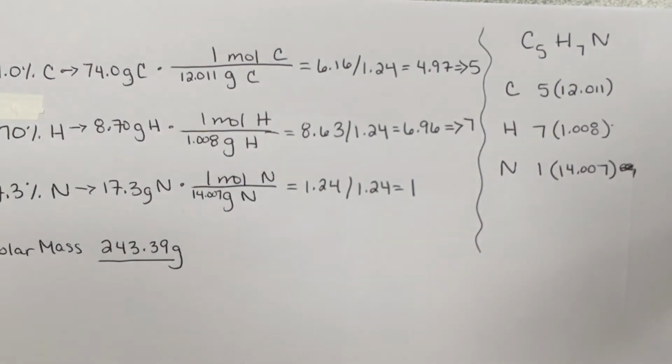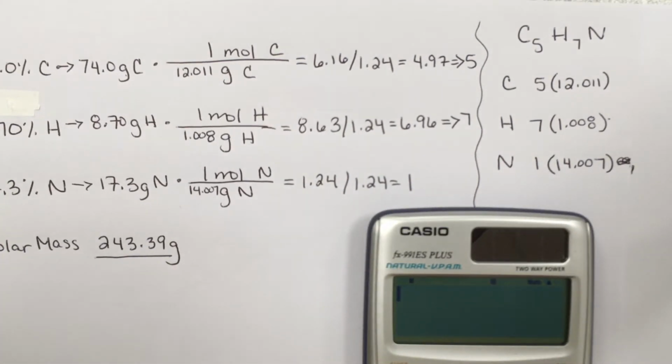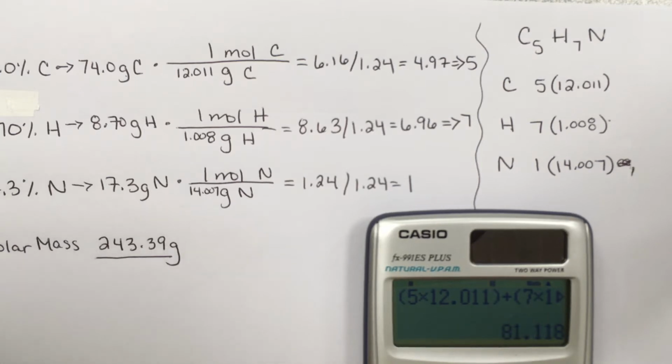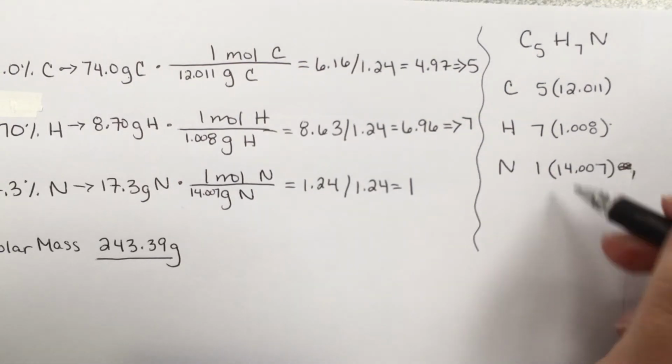I'm just going to go ahead and do it in my calculator because I've run out of room. All right. So I'm going to use parentheses: 5 times 12.011, plus parentheses 7 times 1.008, close parentheses, plus, we don't really have to multiply it by 1, so 14.007, and that equals 81.118.